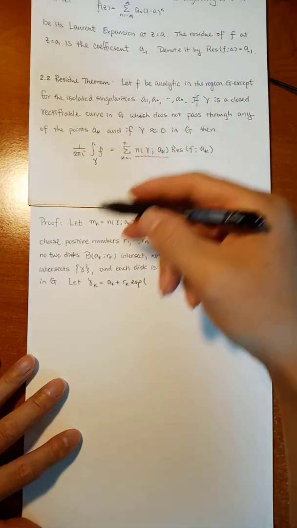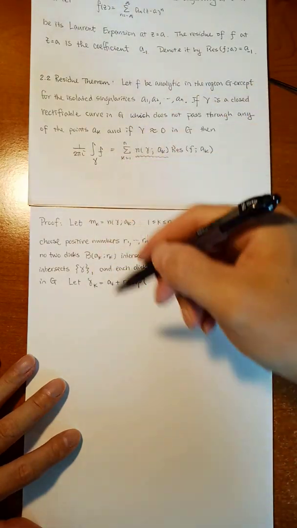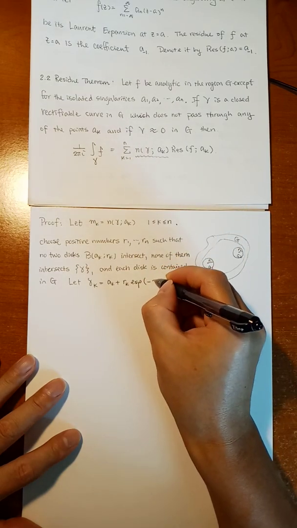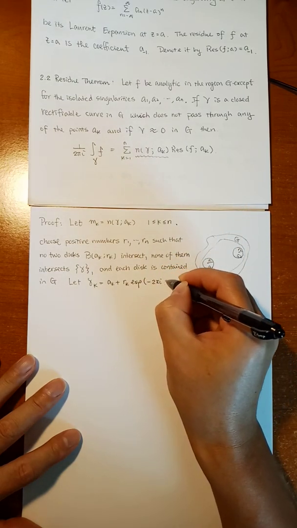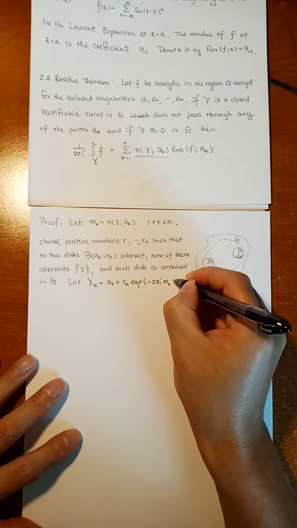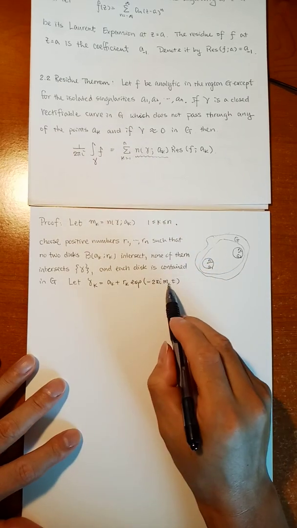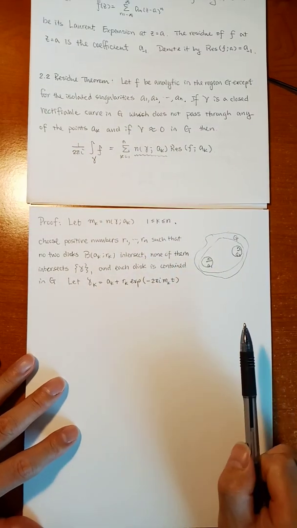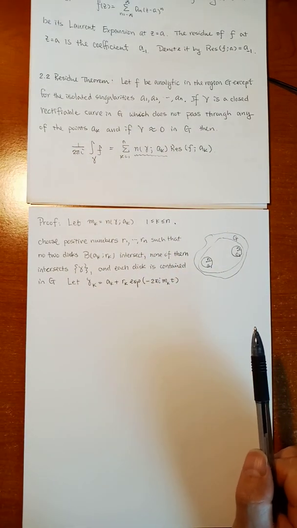If you have 2 pi i t, you get the counterclockwise orientation, one round. This time, with negative 2 pi i m_k t, you will have m_k rounds with the opposite orientation.